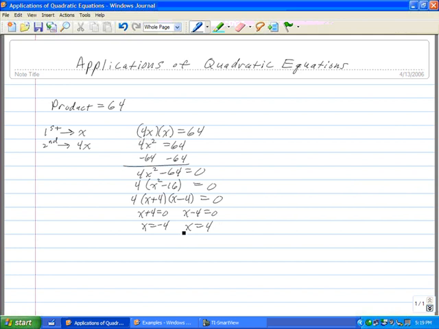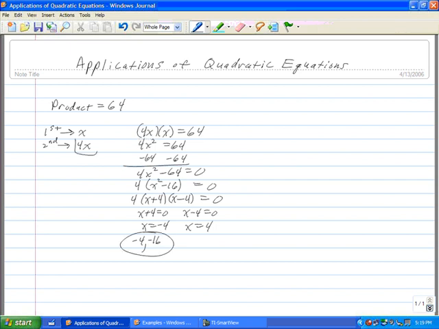and we may think we have the two solutions here, but actually what we have is the first half of one solution. In the negative 4 we have this, and in the positive 4 we have the same thing. So since our first number is x, that means our first solution is negative 4, comma, and 4 times that would be negative 16.